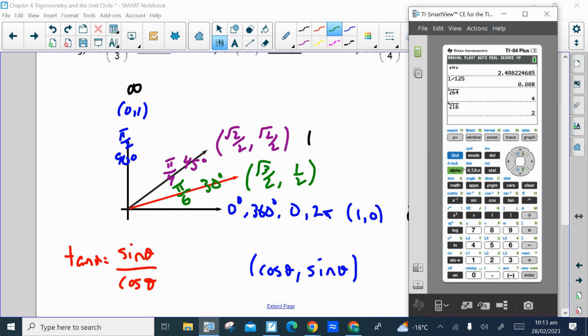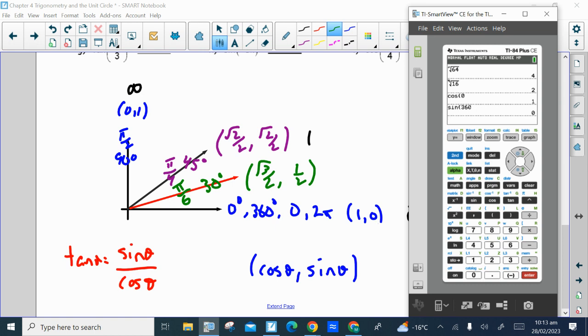So again, if our calculator is in degree mode, so let's use degrees. If we take 0 degrees or 360 degrees, the cosine of 0 is 1. That's that first number. The sine of 0 or 360 is 0. That's the second number.